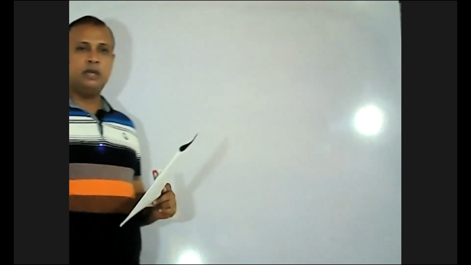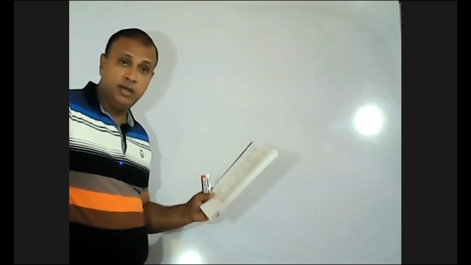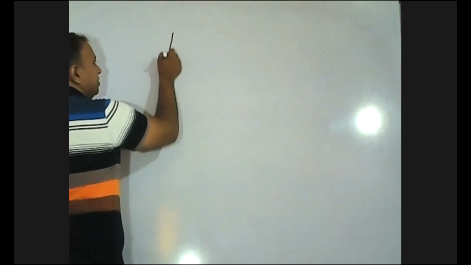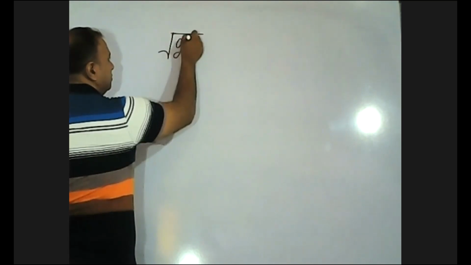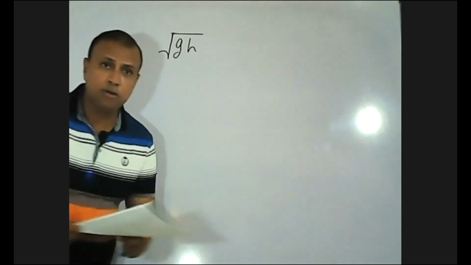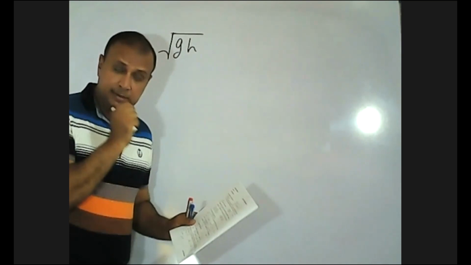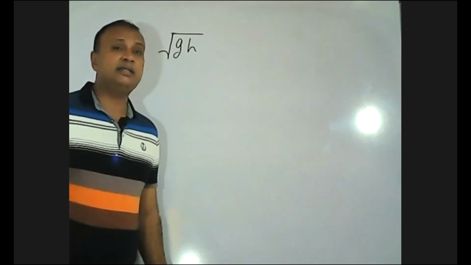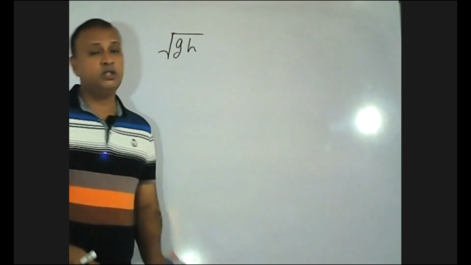The first one, g lambda or g h, both have the same dimension, but the correct one is g h. So we have to replace dimensional formulas for each and every answer and check whether it is equal to the dimension of velocity or not.